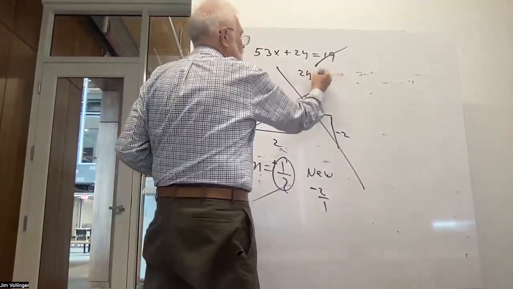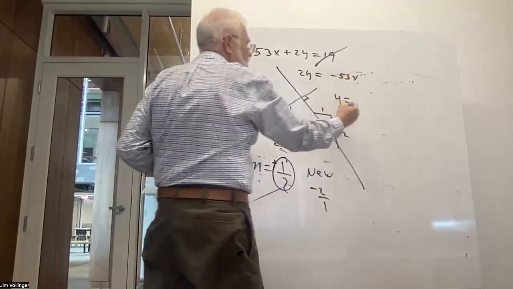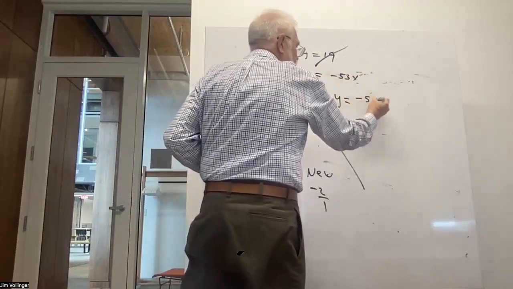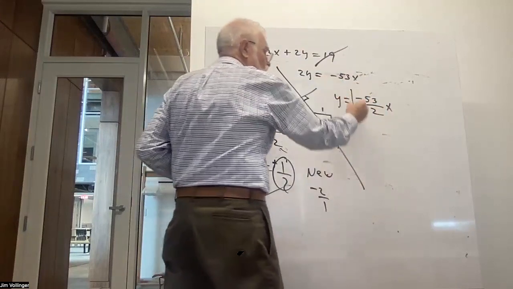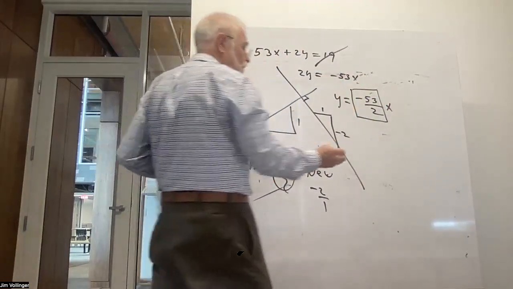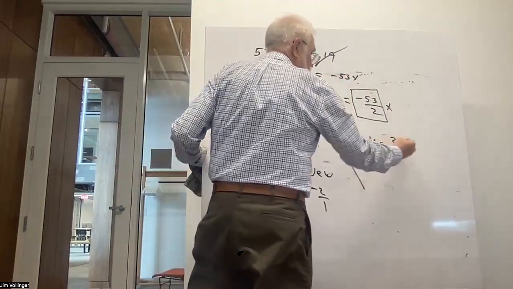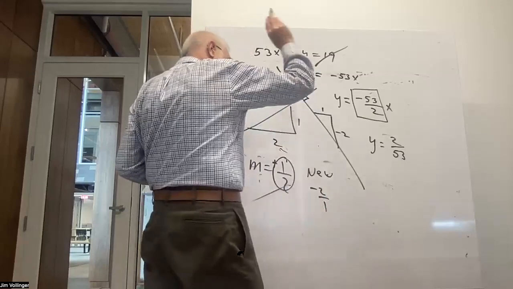So 2y equals minus 53x, and therefore y is equal to negative 53 over 2 times x. So the original slope is minus 53 over 2. So what's the new slope? 2 over 53. Right? If one's going down, the other's got to go up.